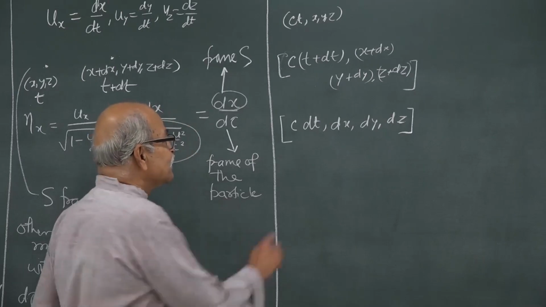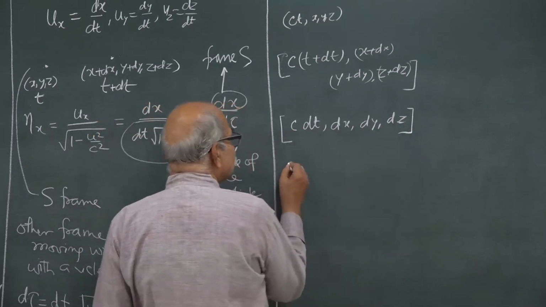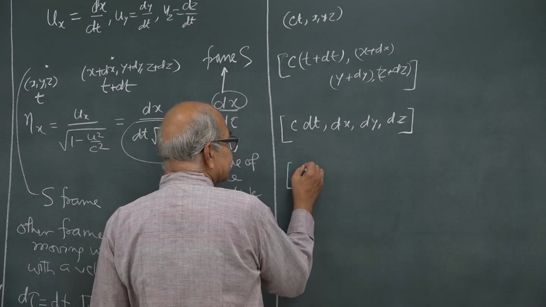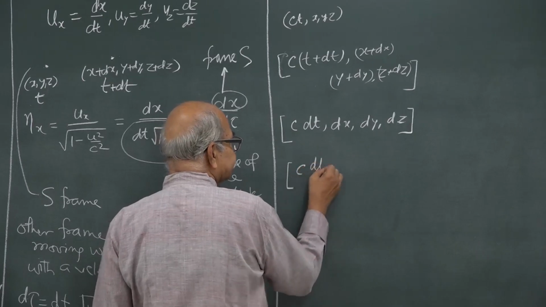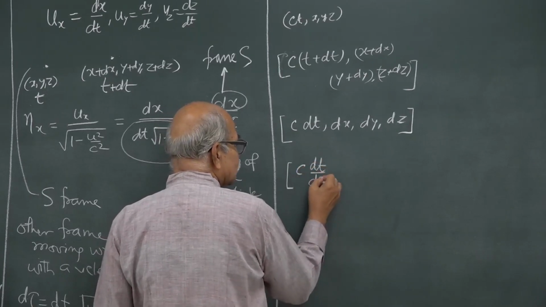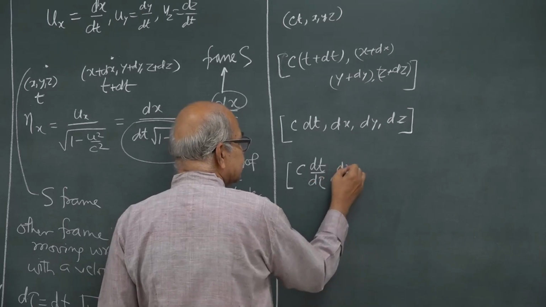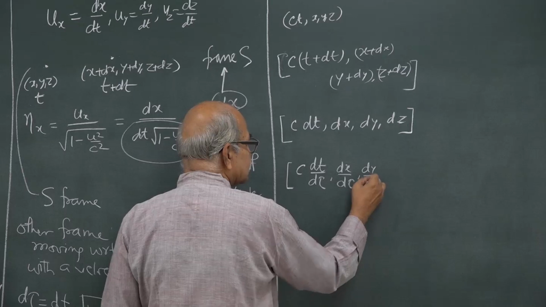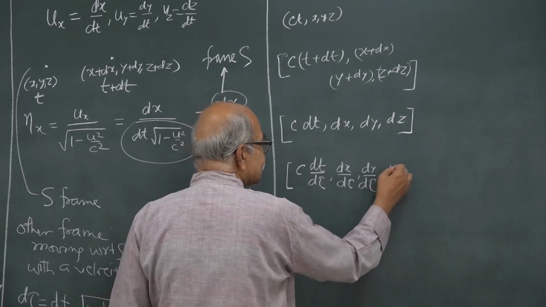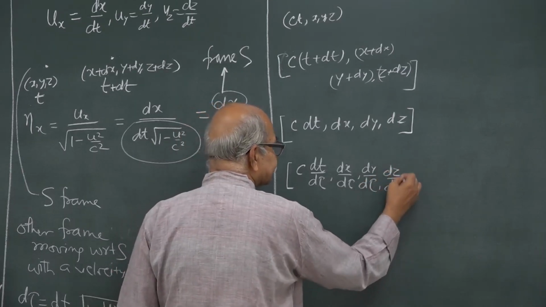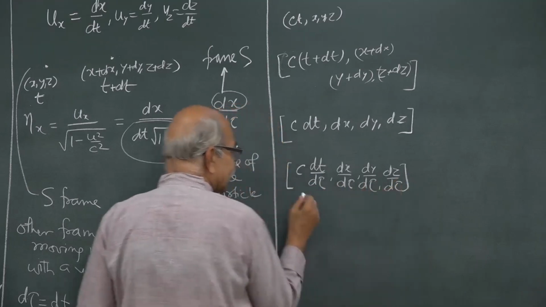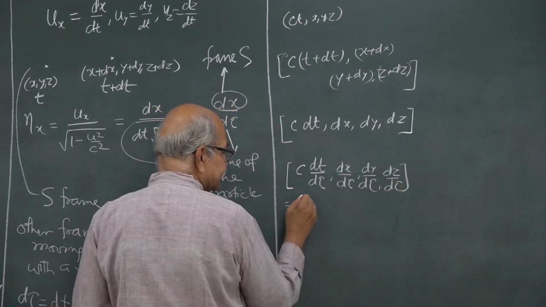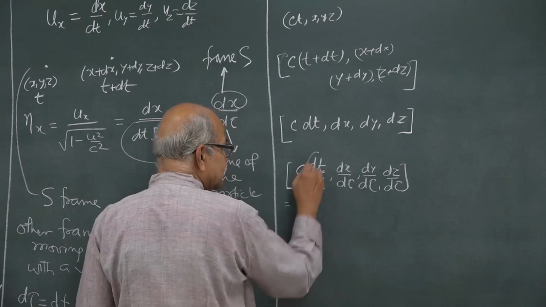So, if I multiply everything by 1 by d tau, what I get is c dt over d tau, this is 1, then dx over d tau, this is another, dy upon d tau, another, and dz upon d tau, another. This is a 4 vector, and this quantity is c times dt by d tau.